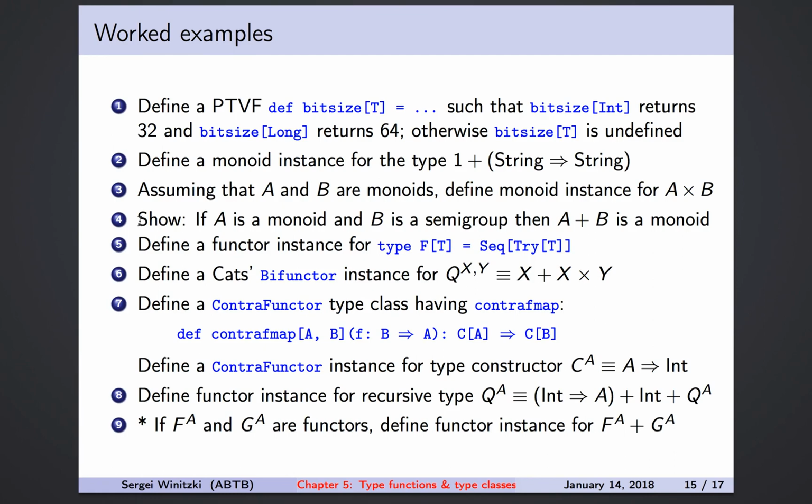The next example is to show that if A is a monoid and B is a semigroup, then the disjunction A plus B is a monoid. Now to show this means, again, to write a function that takes a type evidence for monoid of A and a type evidence for semigroup of B, and produces the type evidence of monoid of A plus B, or using equivalent terminology, a type class instance for monoid of A, and a type class instance for B as a semigroup.